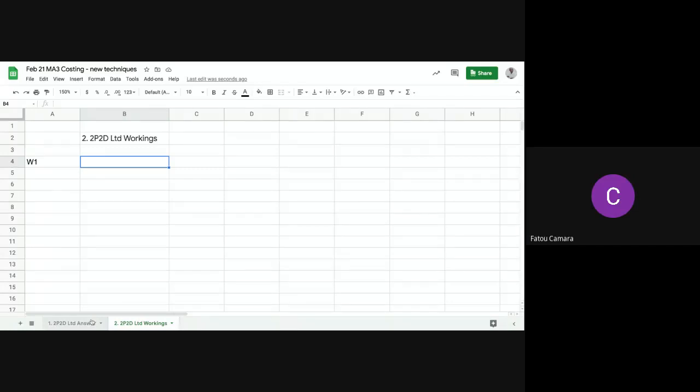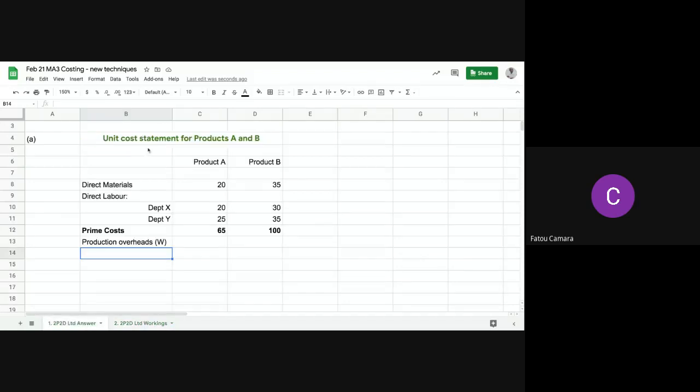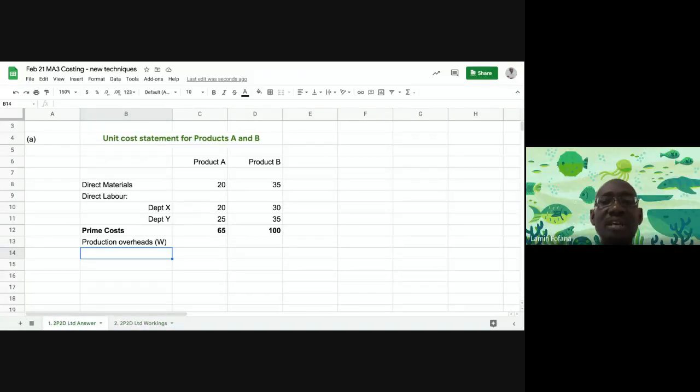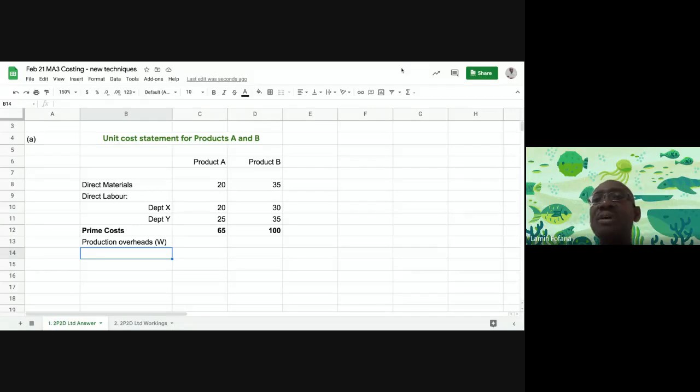Budgeted overhead divided by budgeted activity level. Patu, is that what you said?